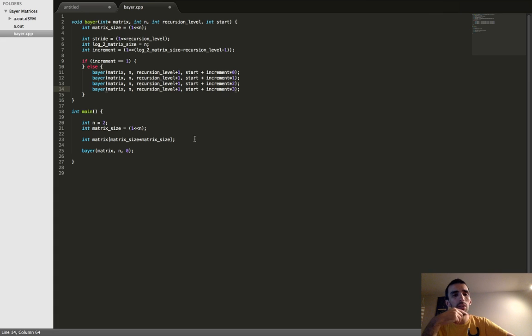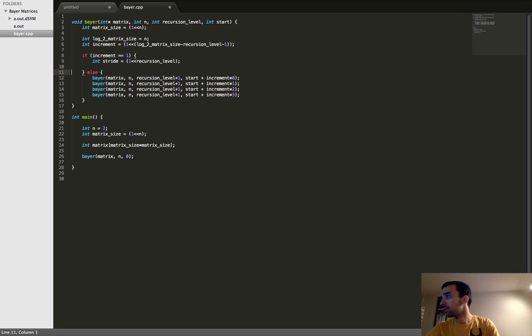You know what? I don't think we even need the stride until we've started to write stuff. We totally don't. Because all we care about is the recursion level.